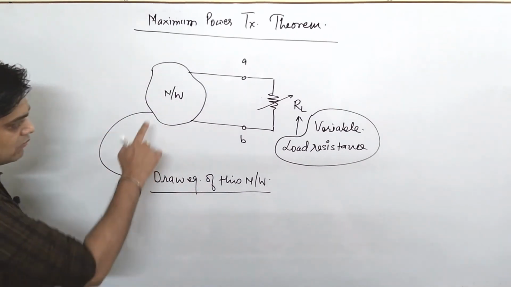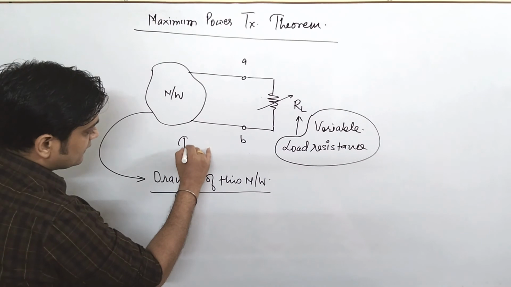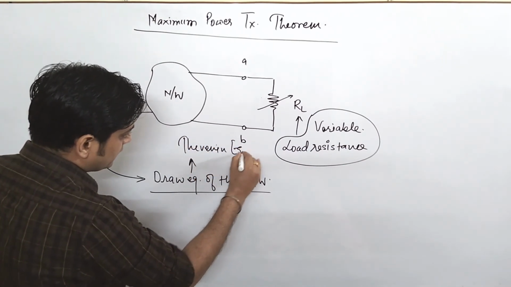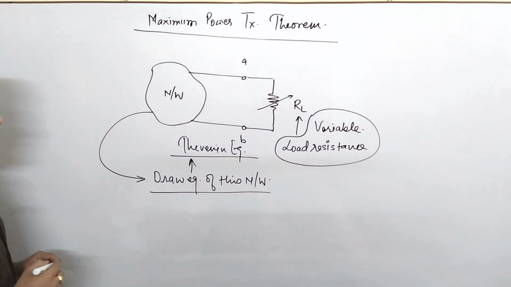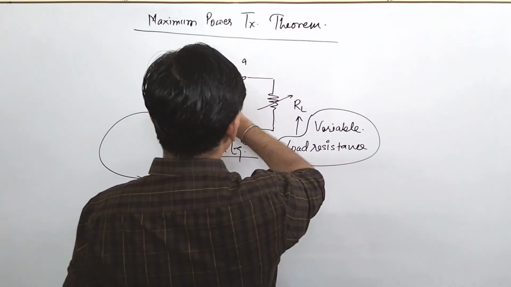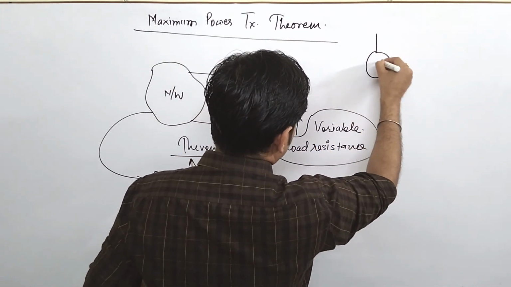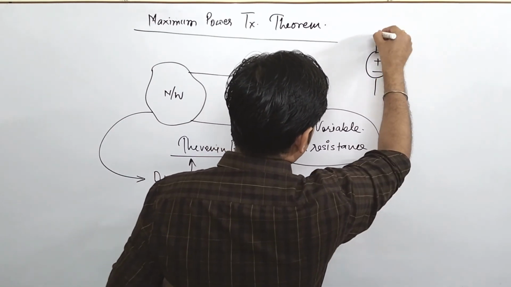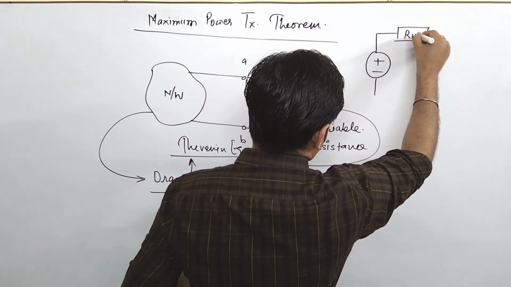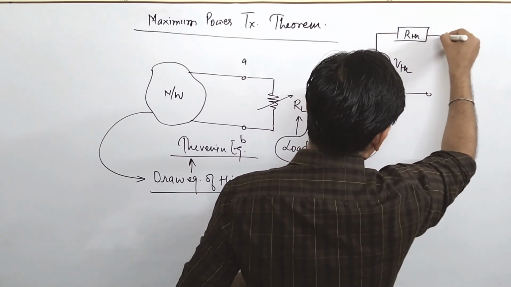We'll draw the equivalent of this network, and this equivalent is basically Thevenin's equivalent. If I draw Thevenin's equivalent of this network, please see: this is your VTH, this is your RTH, and here is your terminal.